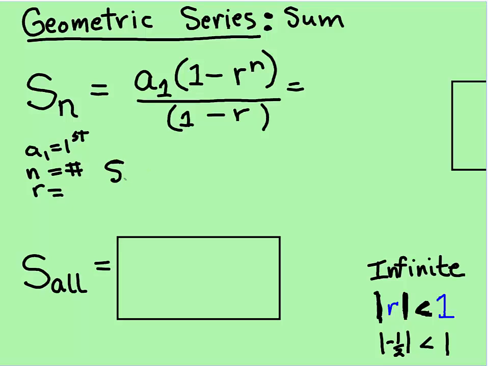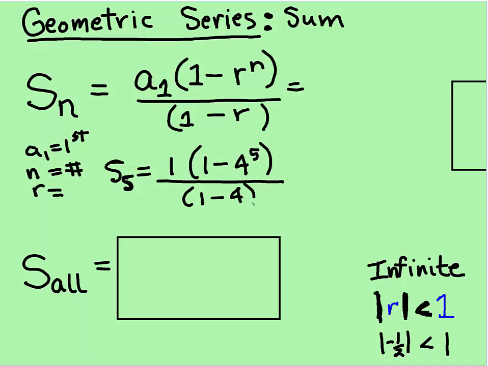So the sum of the first 5 terms in that sequence that we were doing, well, the first term was 1, times 1 subtract, the common ratio was 4, to the n, where n is the number of terms, so 5 terms, all divided by 1 subtract the common ratio. Let's see.